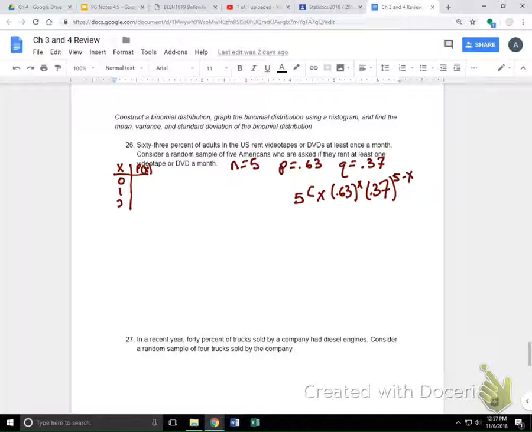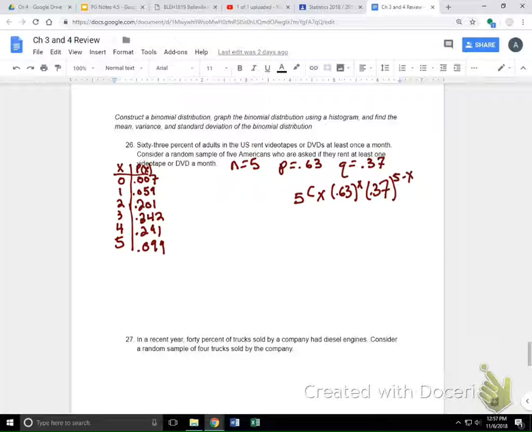So we have 1, 2, 3, 4, 5. So just running this pretty quickly, I was able to get 0.059, 0.201, 0.342, 0.291, 0.099, and again we can add these up to make sure they're close to 1.